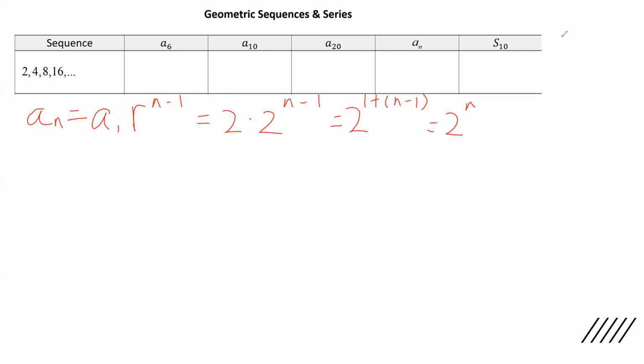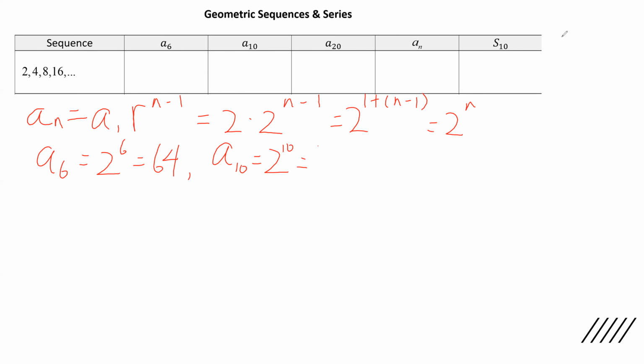Okay, so with this rule, we can know that a sub 6 will be 2 to the power of 6, which is 64. And a sub 10, we replace n with 10, so that will be 2 to the 10th power.